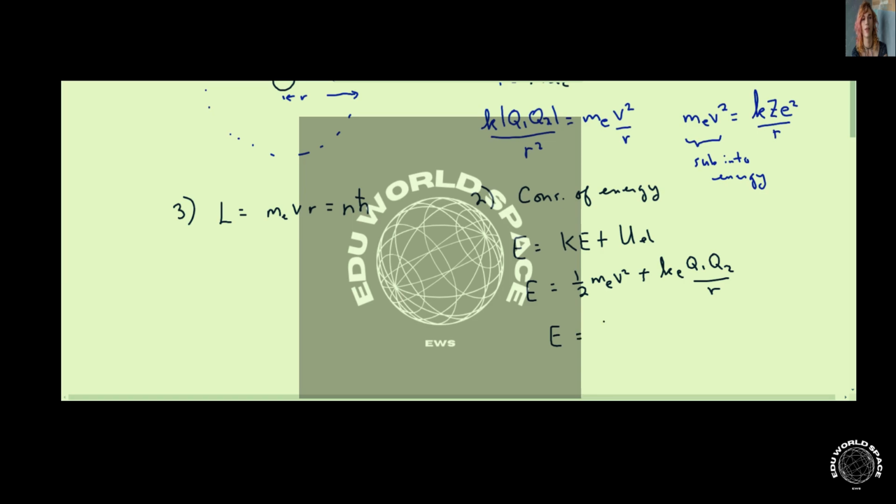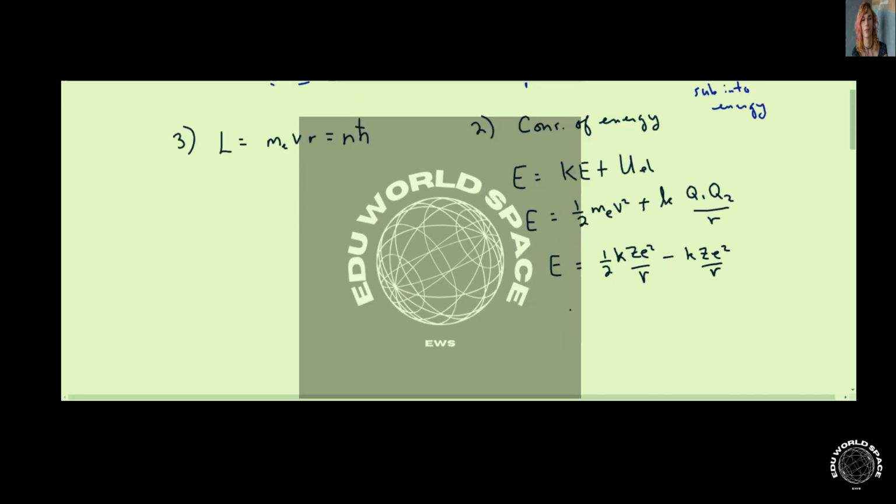It is 1/2 k Z e squared over r minus, that's k electrical, we will drop that subscript. What we notice is that the total energy is 1/2 the potential energy. And this is true for electrical as well as gravitational central forces if the object is moving in a circle.